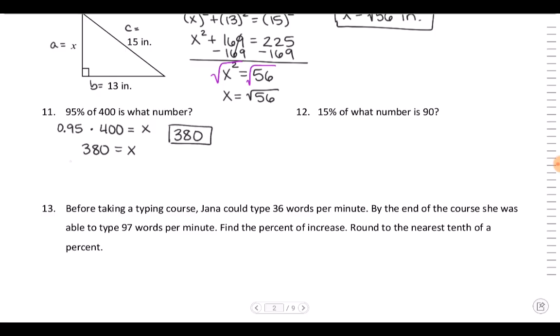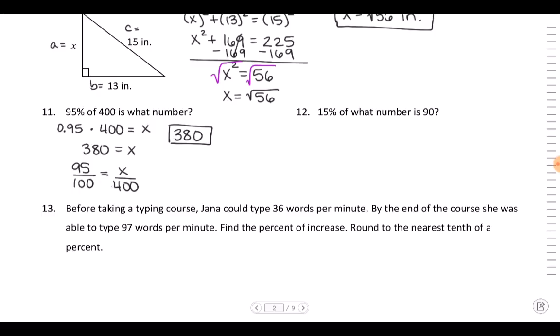Okay, the other option is you can set this up as a proportion, and you say, okay, 95% is 95 over 100 equals x over 400. So the of part goes in the denominator, and then you put your other number, the is part, on the top.